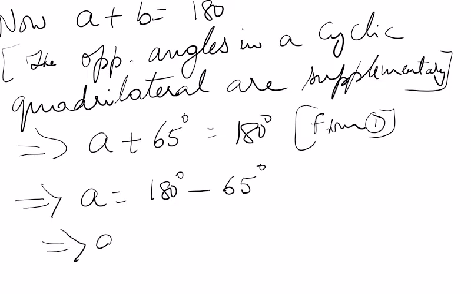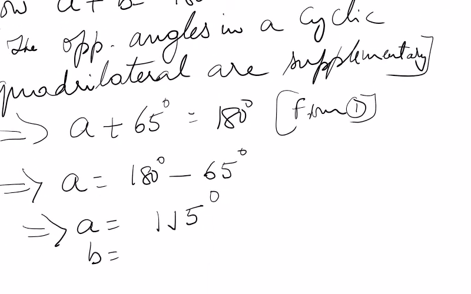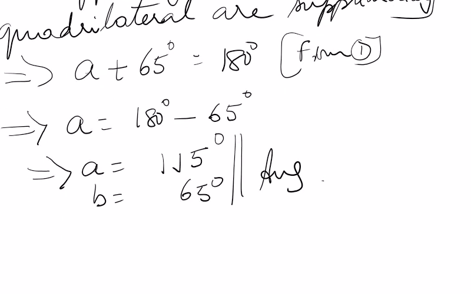So this implies A is equal to 115 degrees. Okay. So A is 115 degrees and we got B as 65. So A is 115 and B is 65 degrees. So these two are the answer. Okay. Clear? So shall I proceed to the next sub question 2? Okay.